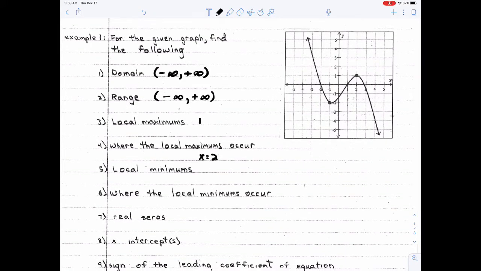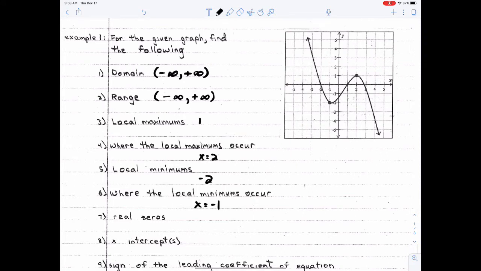Again, where's your local minimum? If you hold your pencil horizontally, you kind of have a bottom to a curve there, and that's at negative 2. And then where does that occur? That's going to be the corresponding x value, and that's an x value of negative 1.